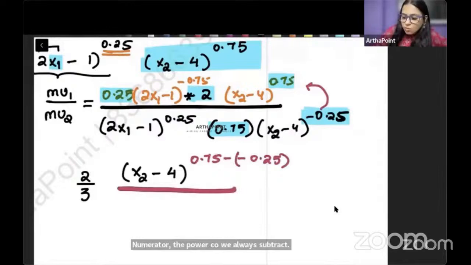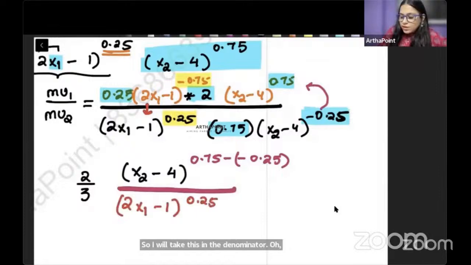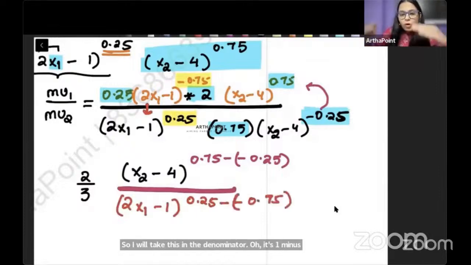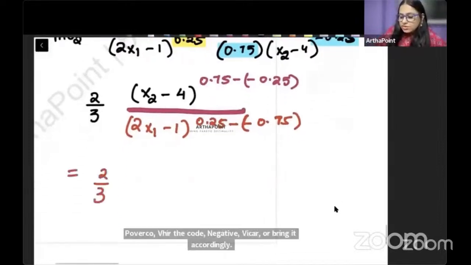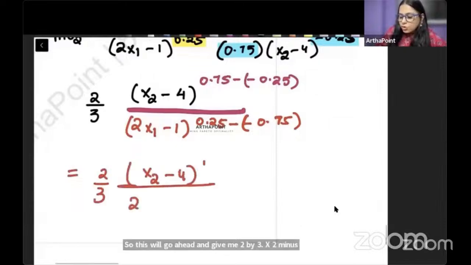Similarly in the denominator there is a positive power and here a negative power, so I will take this in the denominator. So 2x1 minus 1, 0.25 minus minus 0.75. Keep the positive power where it is, and bring the negative one down or up accordingly. So this gives me 2 by 3 x2 minus 4 to the power 1 upon 2x1 minus 1 to the power 1.